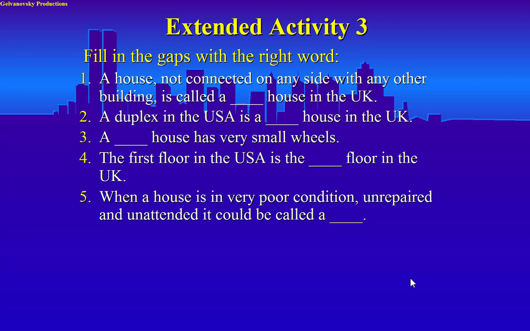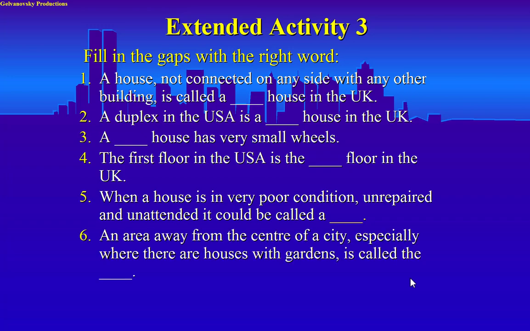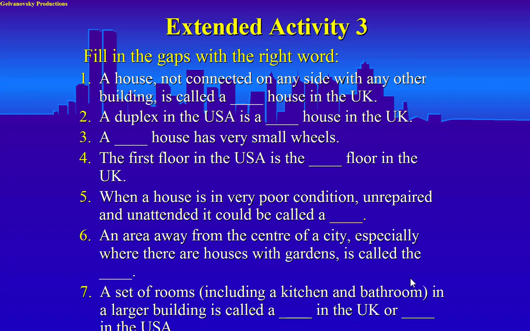5. When a house is in a very poor condition, unrepaired and unattended, it could be called a gap. 6. An area away from the center of a city, especially where there are houses with gardens, is called the gap. 7.